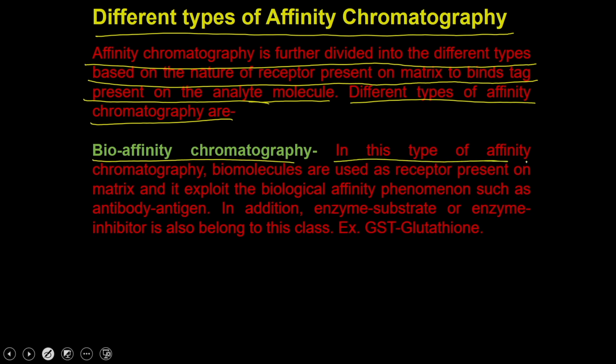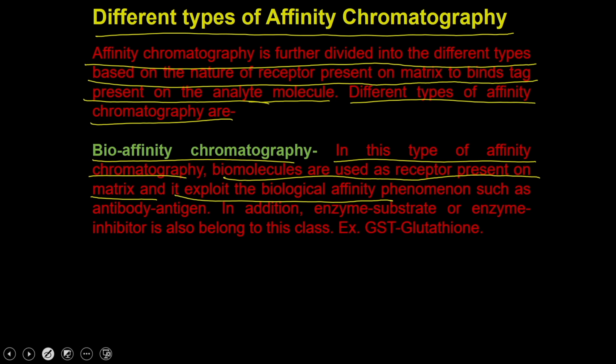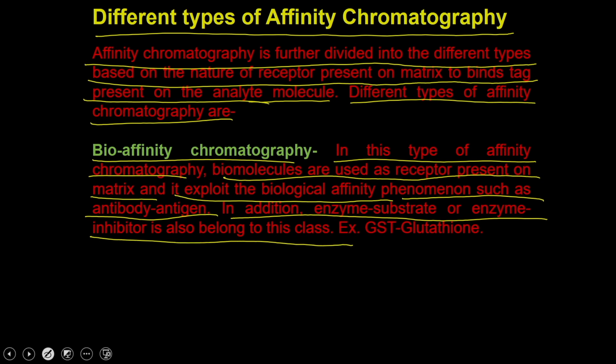In this type of affinity chromatography, biomolecules are used as the receptor present on the matrix and it exploits biological affinity phenomena such as antibody and antigen. Okay. And in addition, enzyme substrates or enzyme inhibitors also belong to this class, for example, GST and glutathione.